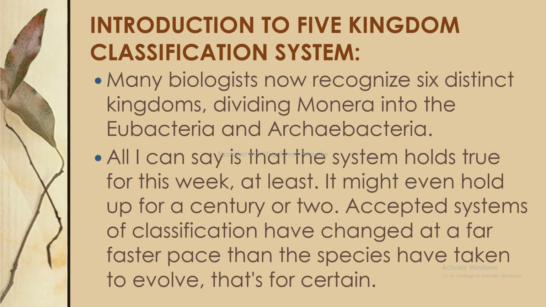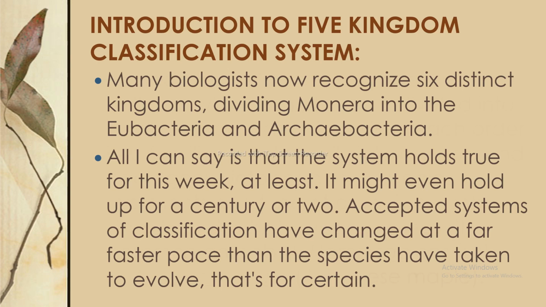Many biologists now recognize 6 distinct kingdoms, dividing Monera into the Eubacteria and Archaebacteria. All I can say is that the system holds true for this week, at least. It might even hold up for a century or 2. Accepted systems of classification have changed at a far faster pace than the species have taken to evolve.